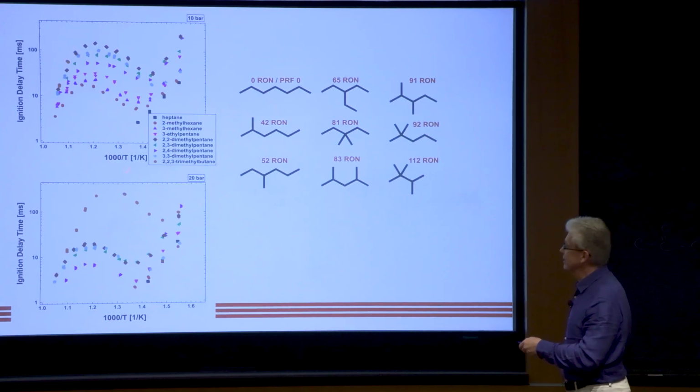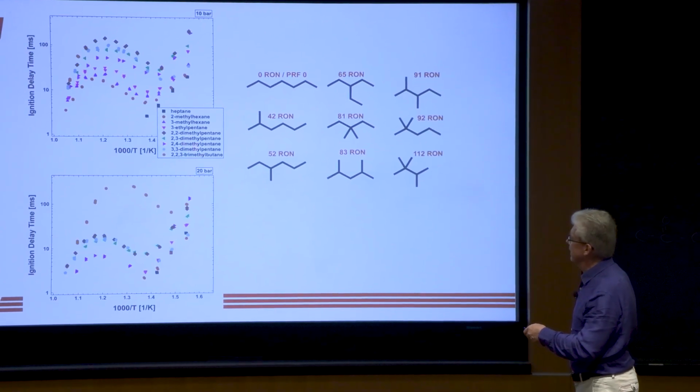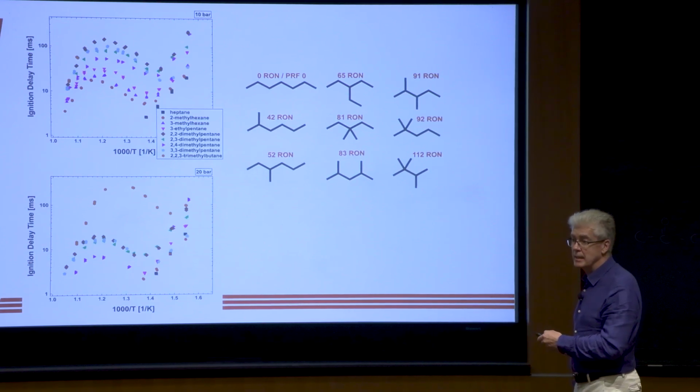So here are all the data points. I won't go into it, but you can see that n-heptane is the fastest to ignite. And actually, we couldn't measure the ignition delay of n-heptane in this temperature regime here because it's just too fast in the facility.